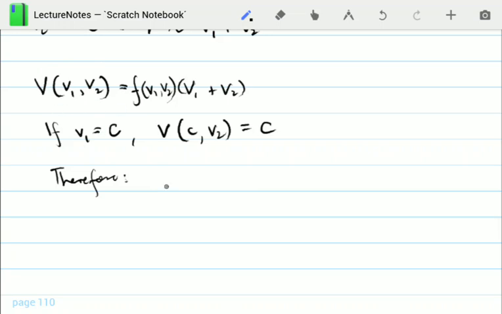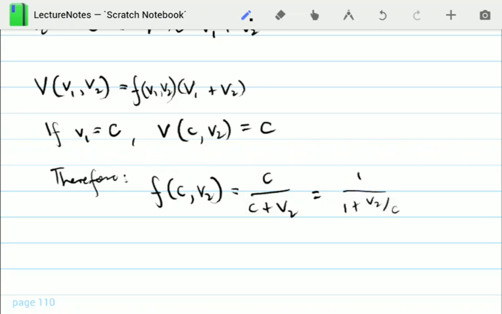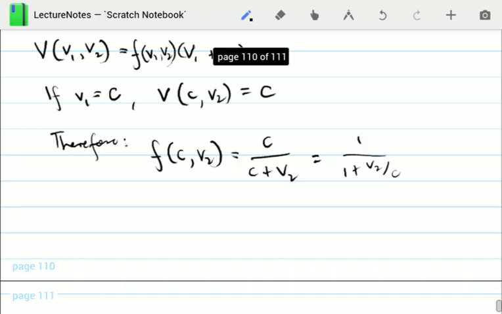Okay, so therefore, for this to become c when v1 is equal to c, it's easy to see that f should have the following form. Okay, f should have the form c over c plus v2. Why? Because, or we can rewrite this, let me divide numerator and denominator by c. This will give you 1 over 1 plus v2 over c. Okay, but why should we want that?